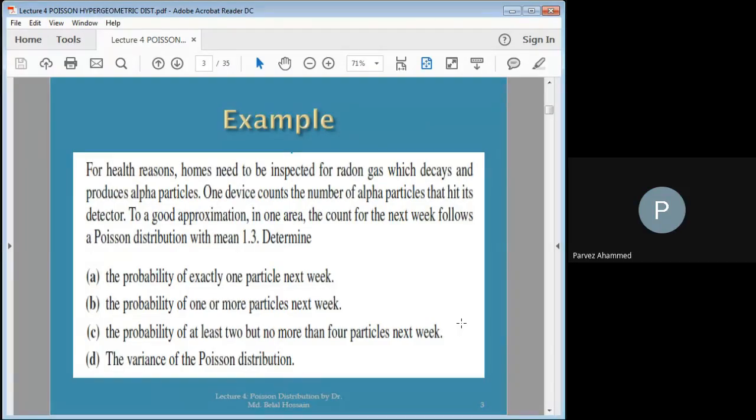Probability of 2 plus probability of 3 plus probability of 4. Exactly, but you should write that y lies between 2 less than or equal to y less than or equal to 4.